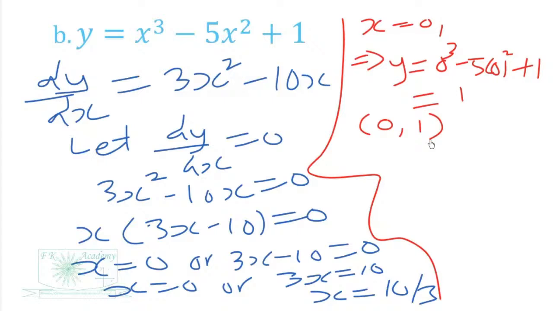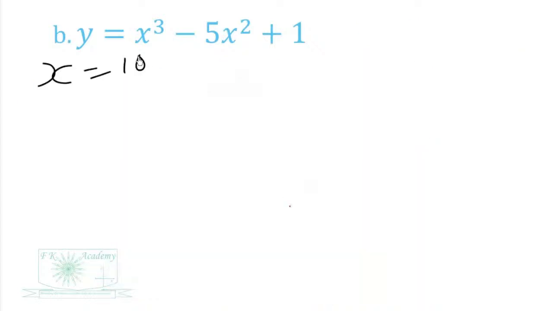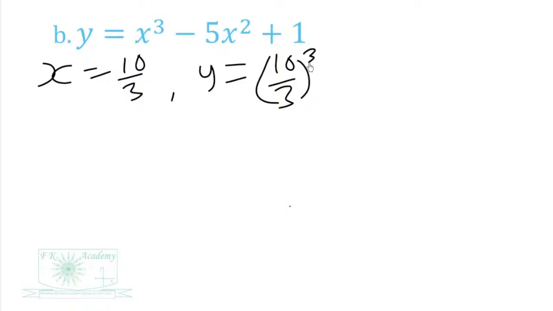Then when x equals 10 over 3, y will be equal to 10 over 3 cubed minus 5 times 10 over 3 squared plus 1.